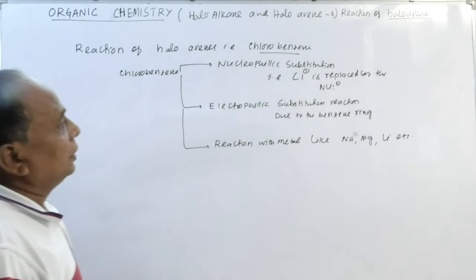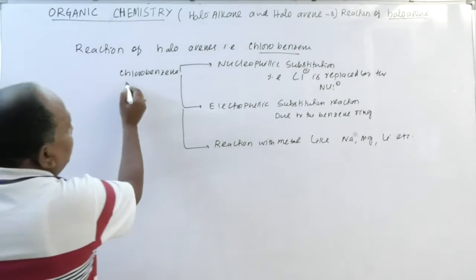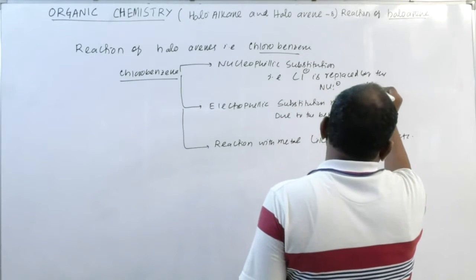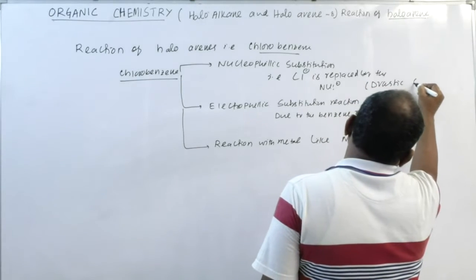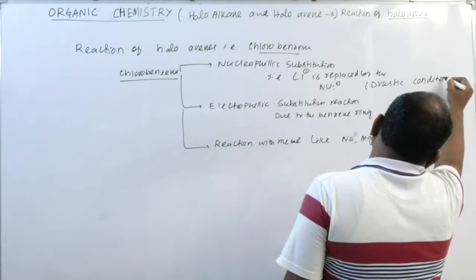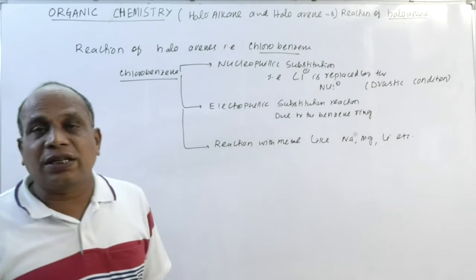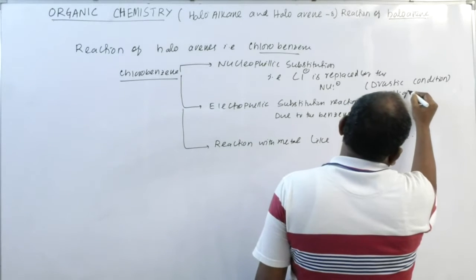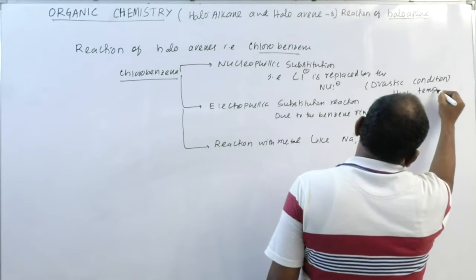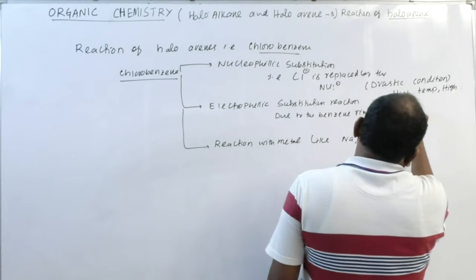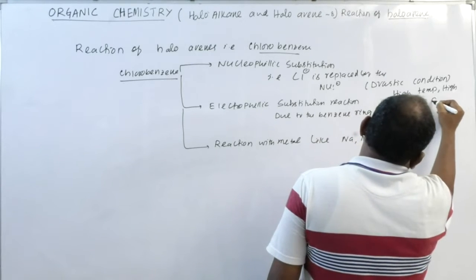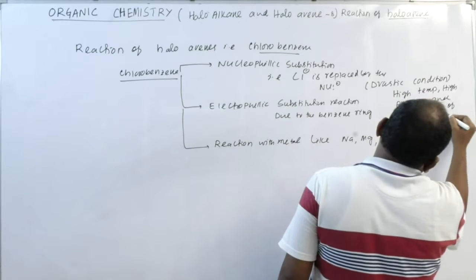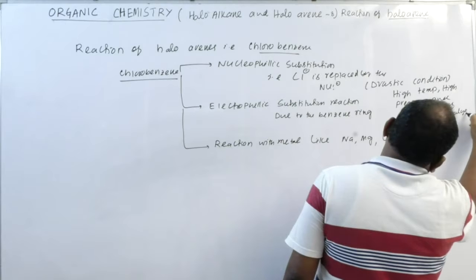So, chlorobenzene undergoes nucleophilic substitution reaction under drastic conditions. What do you mean by drastic condition? The drastic condition means generally you are using high temperature, high pressure and the presence of a catalyst.